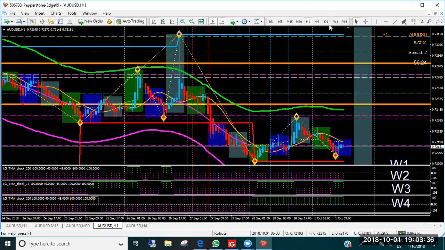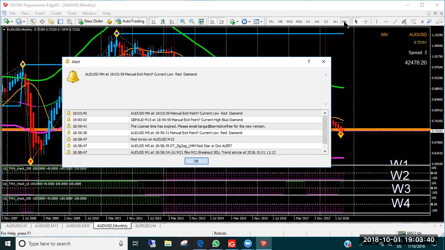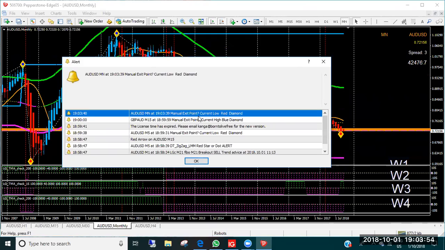I'm just trying to see if I can get an alert to fire off so we can see the wording. There it is. So as you can see, when you get a red diamond alert now, what it'll actually say is manual exit point, question mark, current low red diamond.